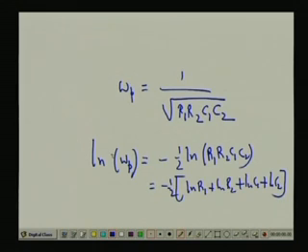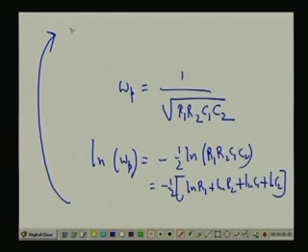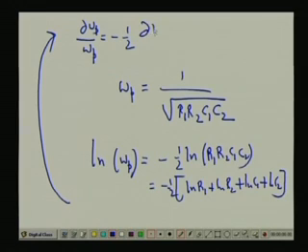Now, if you take the derivative, on the left hand side I will get delta omega p by omega p equals minus half, suppose I vary only delta R1, so delta R1 by R1, right.